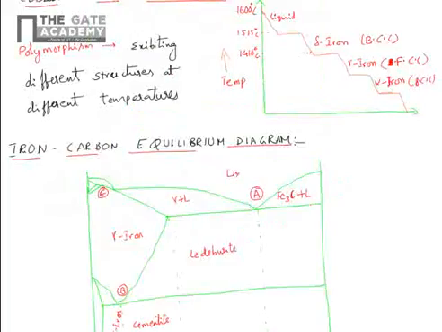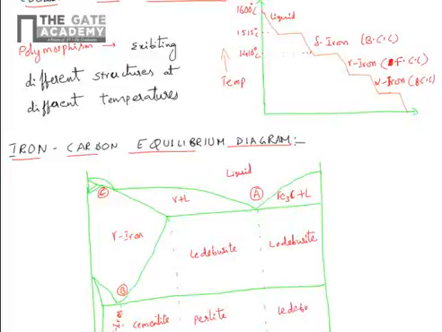This one is liquid. Here it is again ledeburite. Here it is perlite. Here it is ledeburite and perlite. Okay. So I have marked points A, B, C, D.